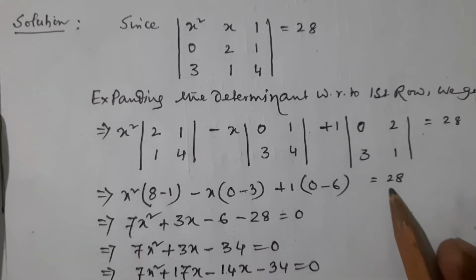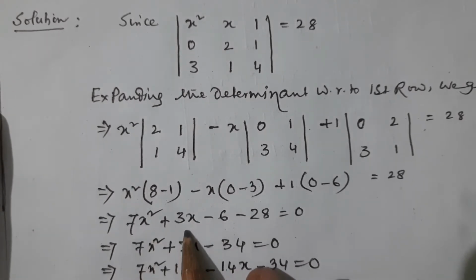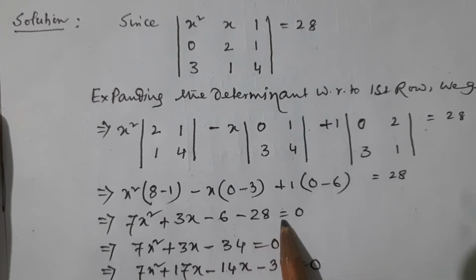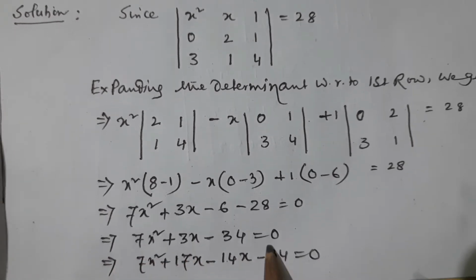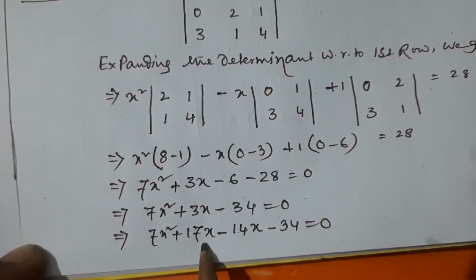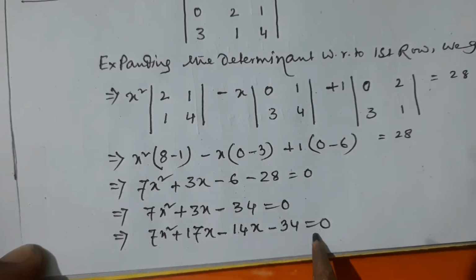Therefore this implies that 7x square plus 3x minus 6 minus 28 equals 0. This implies that 7x square plus 3x minus 34 equals 0. This implies that 7x square plus 17x minus 14x minus 34 equals 0.